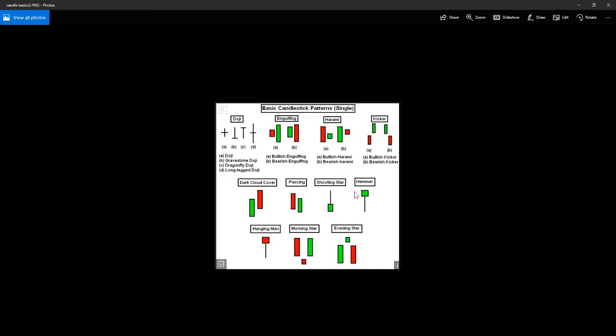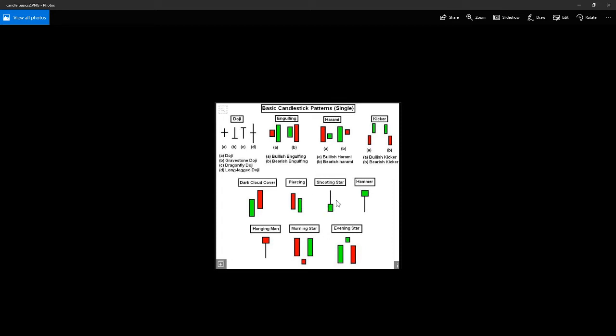Now, a shooting star happens at the top of a trend. A shooting star is also a death candle. The wick isn't quite long enough for a death candle, but on an intraday basis, I will take this as a death candle, okay? And I will instantly short that.